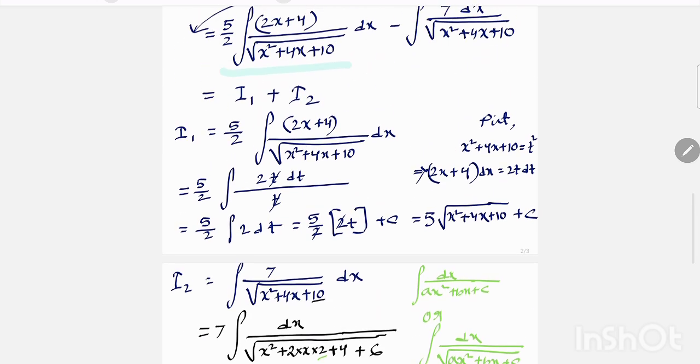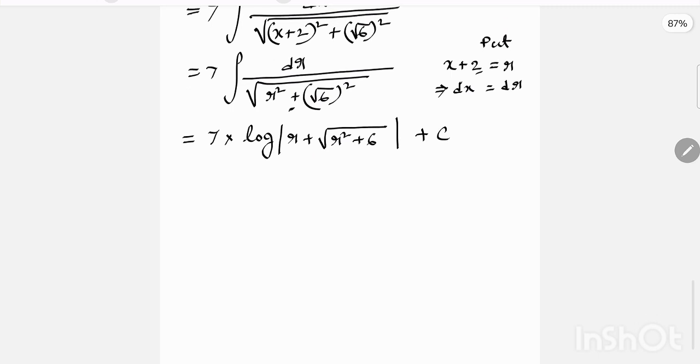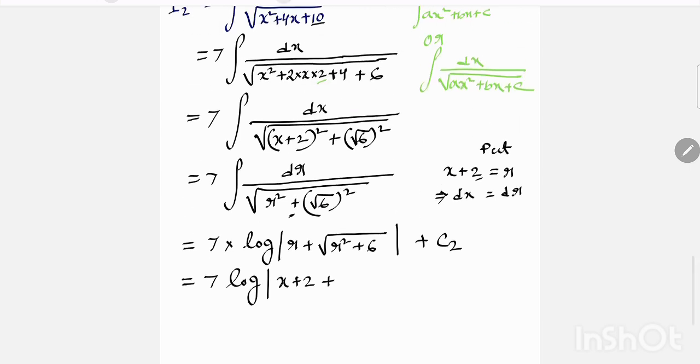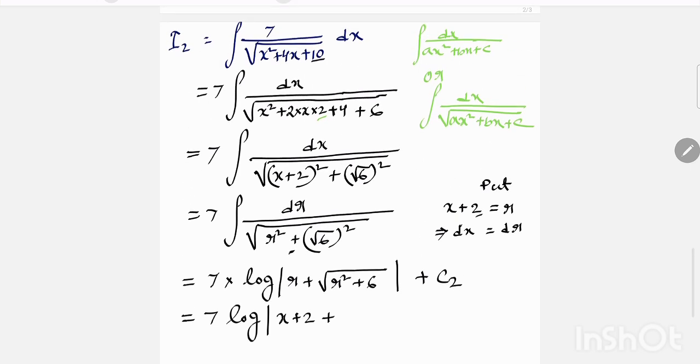Here, because the constant is 2, we have c1, c2. At the end, because these are arbitrary constants, it doesn't matter what we add, it is still arbitrary, because we cannot know the constant value. So now put the value of r: 7 log of x plus 2 plus root over r square plus 6.